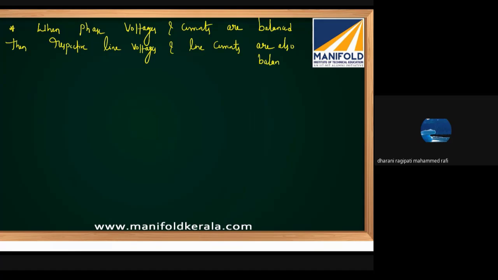It can be a star connected system or a delta connected system or whatever it is. See, the only thing is, if the currents are balanced, everything else is balanced.